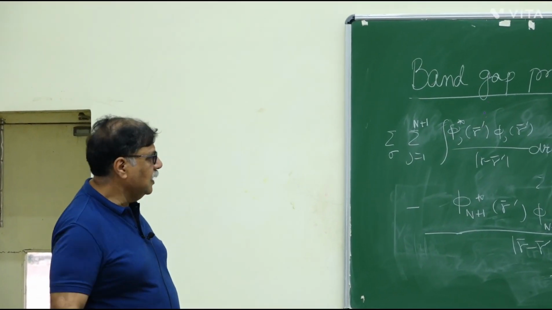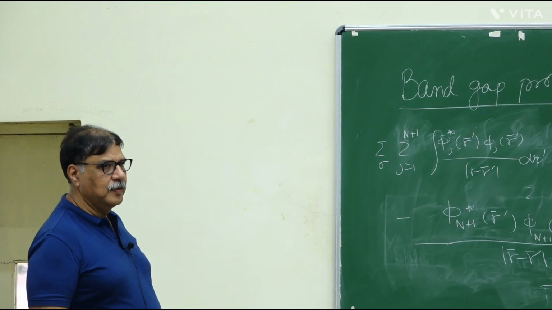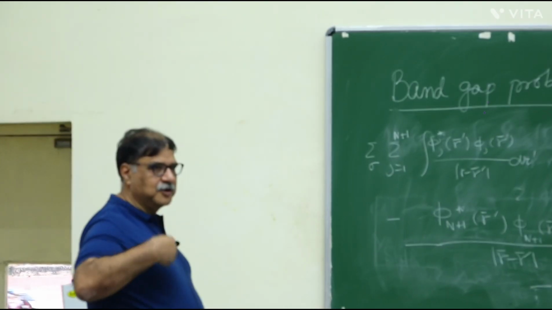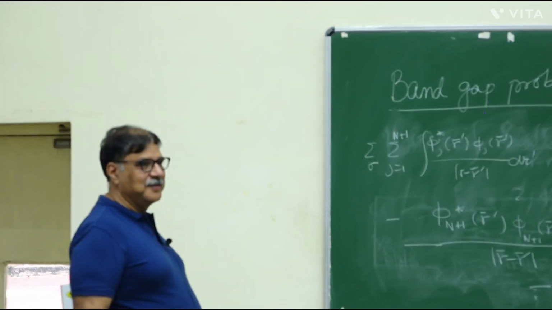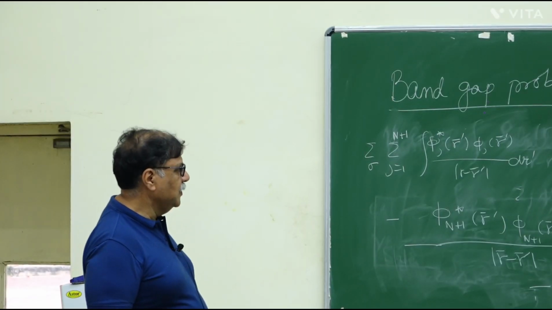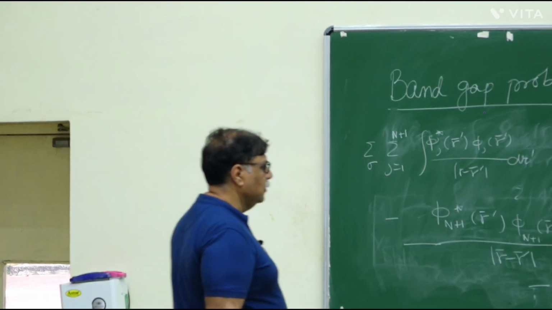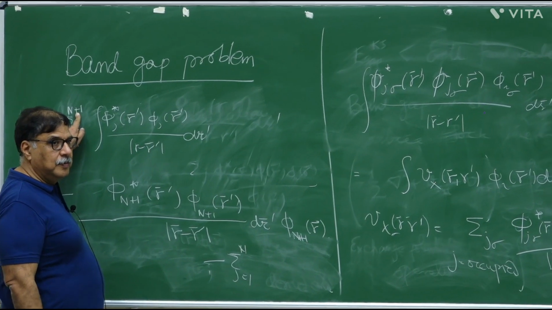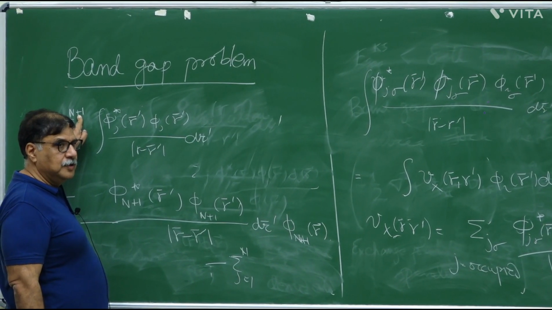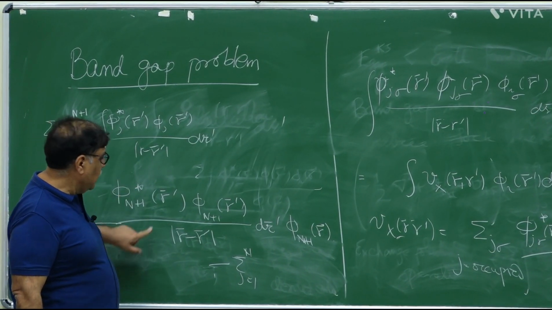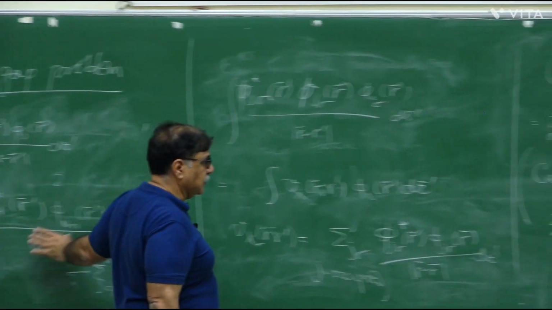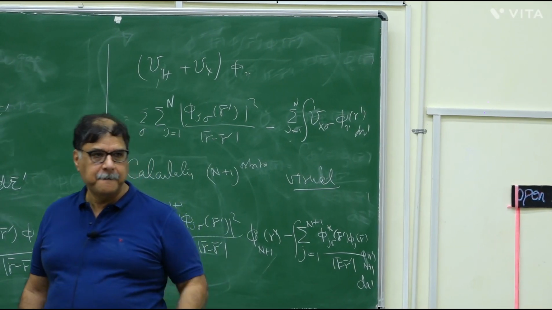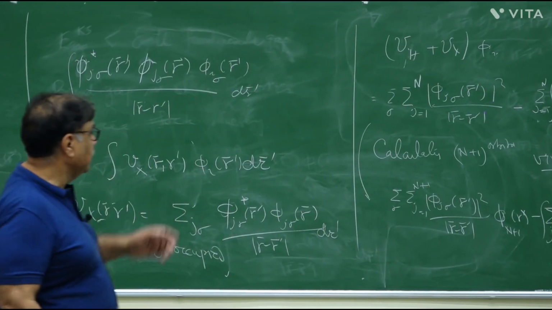In the middle column, j equals occupied, where I have written this is all occupied. Now I'm adding and subtracting the last orbital. And if I do that, I can absorb this term that I added and subtracted. The subtracted term I can absorb here. So this whole thing becomes like this.